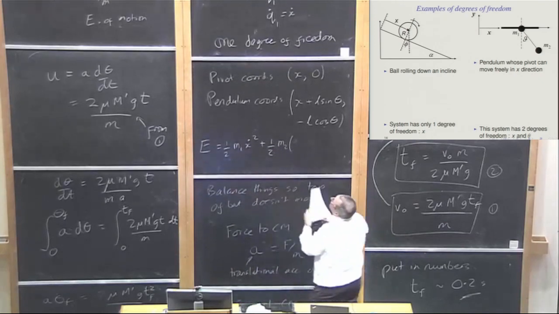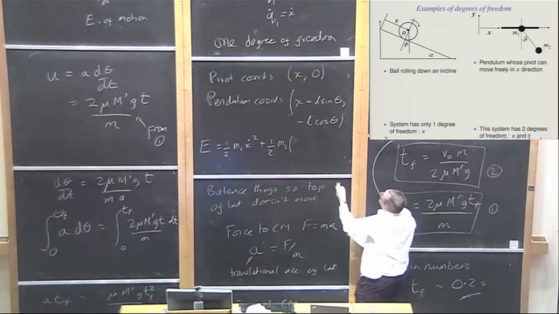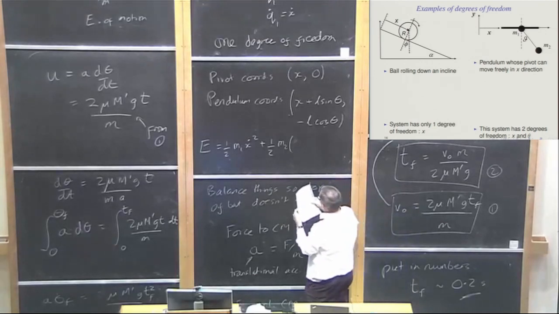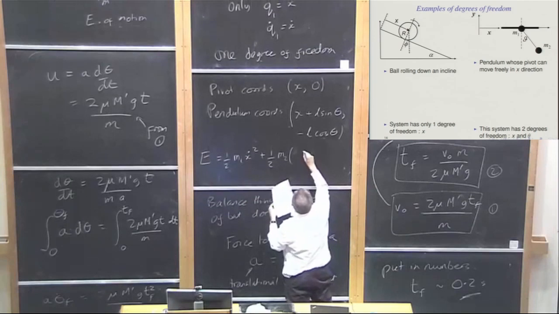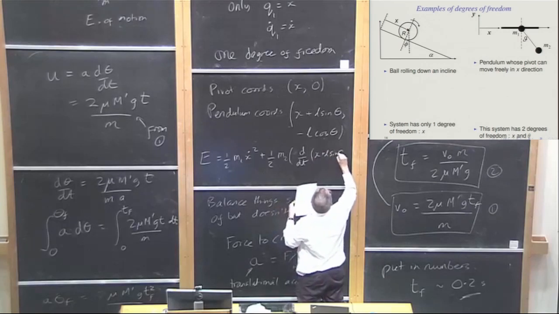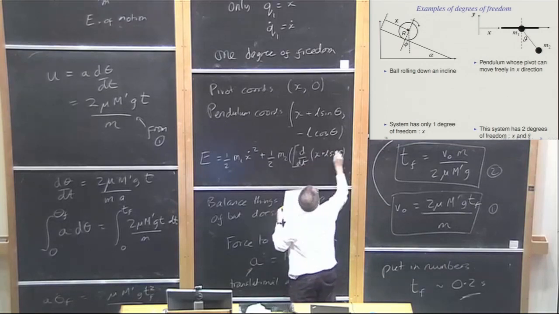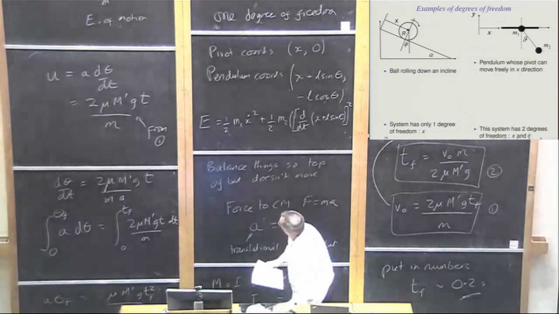We must allow for the kinetic energy both in the x and y direction. So this is d by dt of x plus L sine theta, all of this squared. There's no need for us to actually write that out.